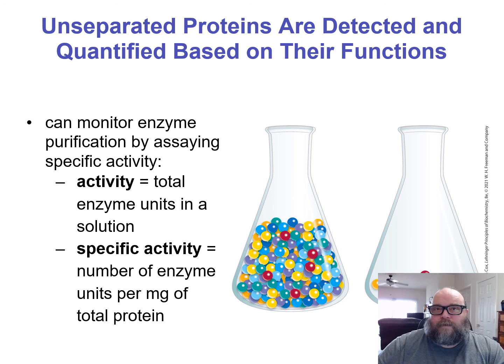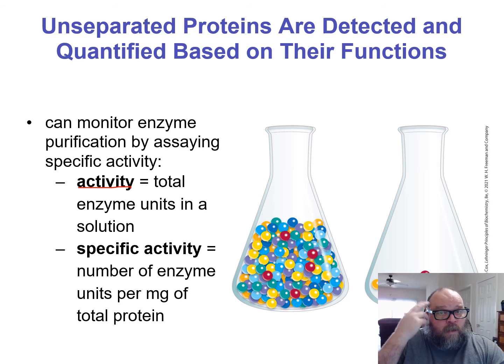Now, again, we try not to say, oh, look, we have this purified protein from this crude extract. The way we're looking at this is we're measuring activity. Our enzyme of choice, how often is it there? How much of this substrate is being turned into product, I should say?